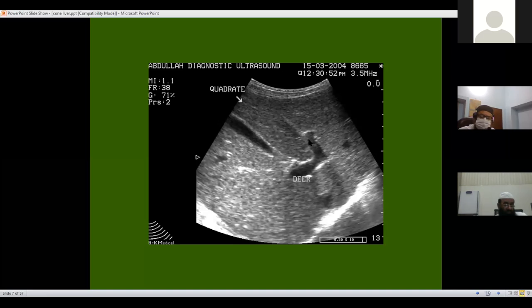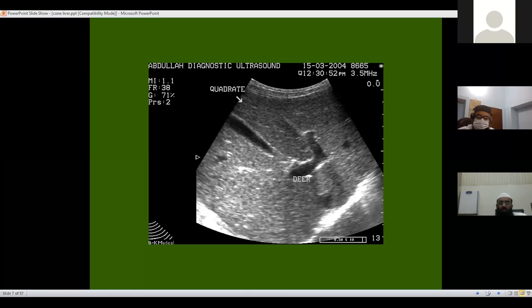This is the neck of the deer. If we draw a line parallel to it, this is the left lobe. Behind the deer, this one is the caudate lobe. Between the neck and the gallbladder, this one is the quadrate lobe. And here is the right hepatic lobe.